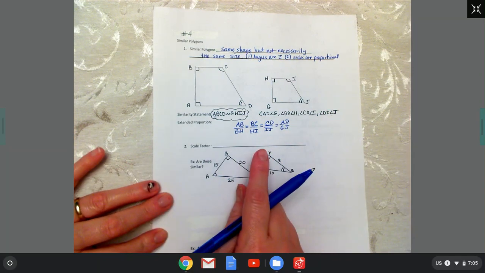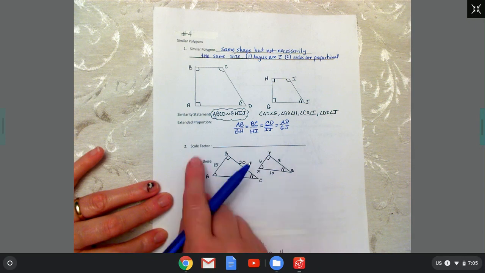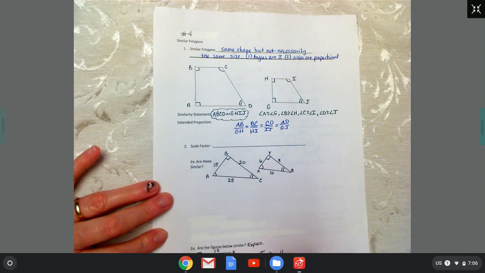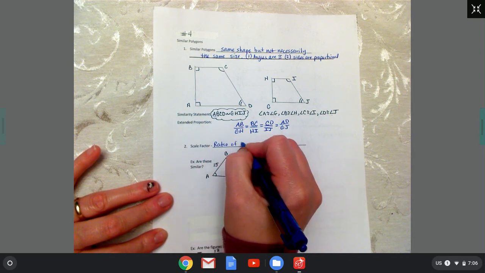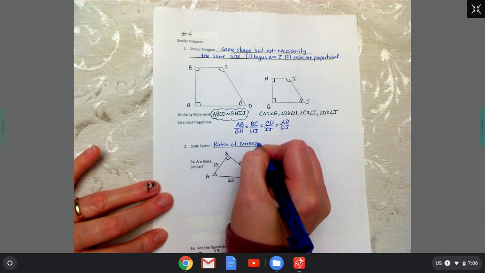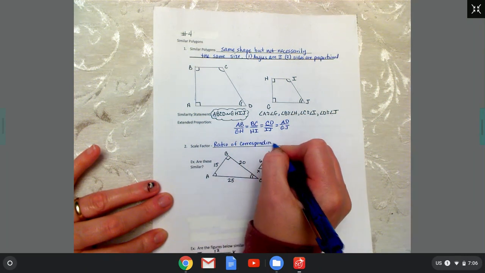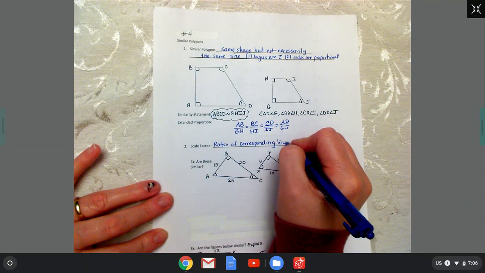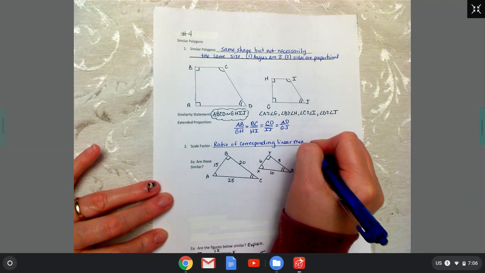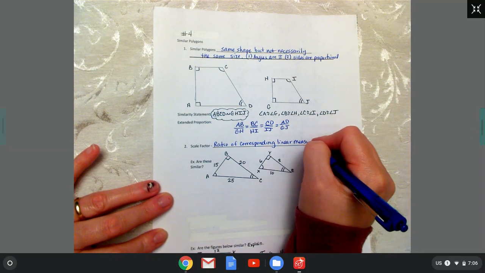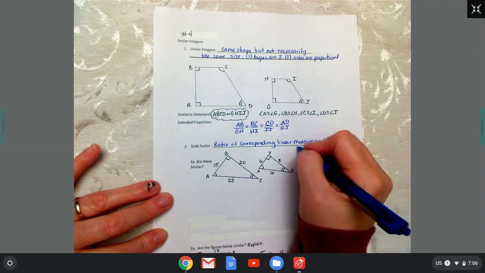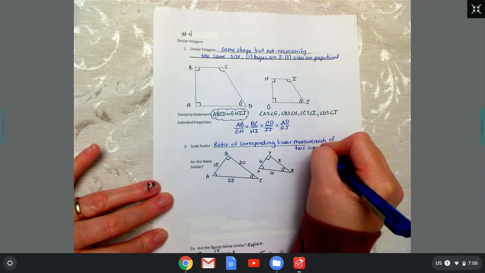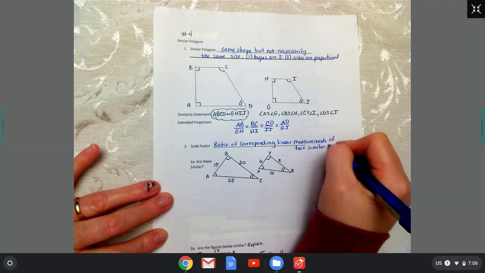All similar polygons have what we call a scale factor. That's a comparison of the two numbers. It's the ratio of the corresponding linear measurements of two similar figures.